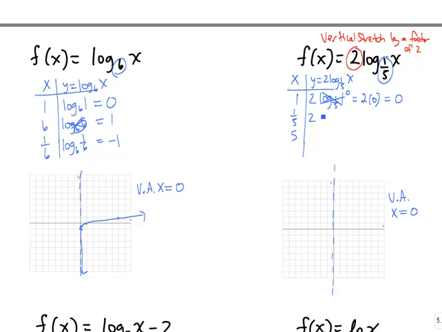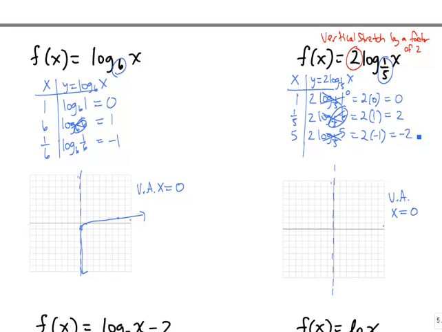If I plug in 1/5, log base 1/5 of 1/5, these two numbers match, so this cancels out and you always get 1. 2 times 1 is 2. If I plug in 5, log base 1/5 of 5, I need an exponent of -1 to flip 1/5 over to turn it into 5. So this turns into a -1 times that 2, so now we get -2.